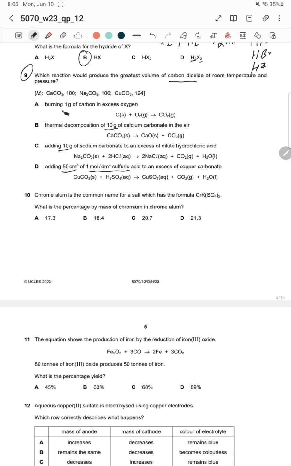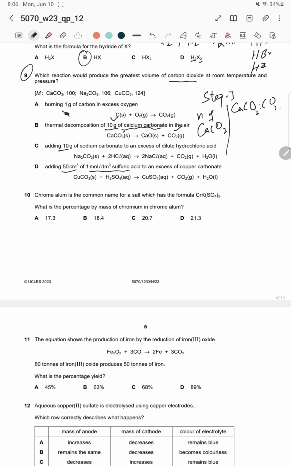You will work through this question using the formula, and you will leave such a question for the end because it will take 5 to 6 minutes. But when you solve this question, firstly convert grams into moles, like 10 grams of calcium carbonate. In step 1 you will find the moles of calcium carbonate, CaCO3, then find the moles of CO2 from CaCO3.